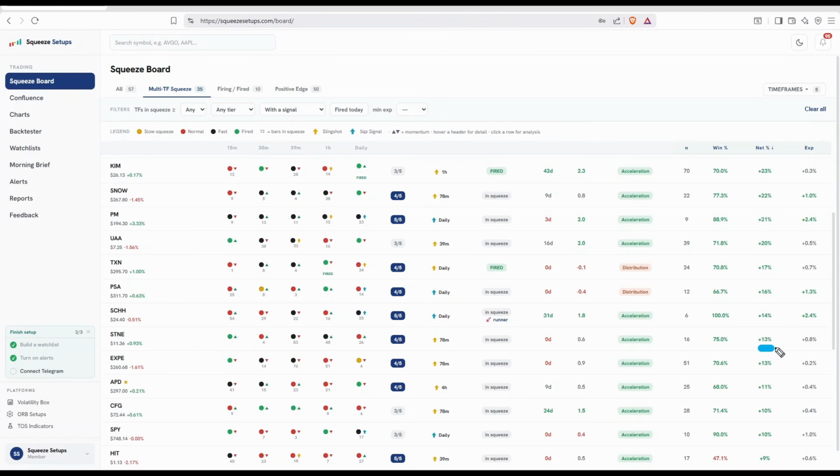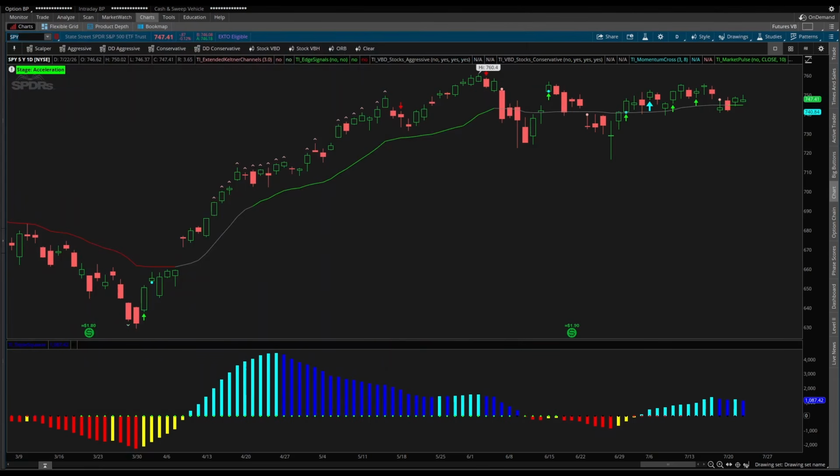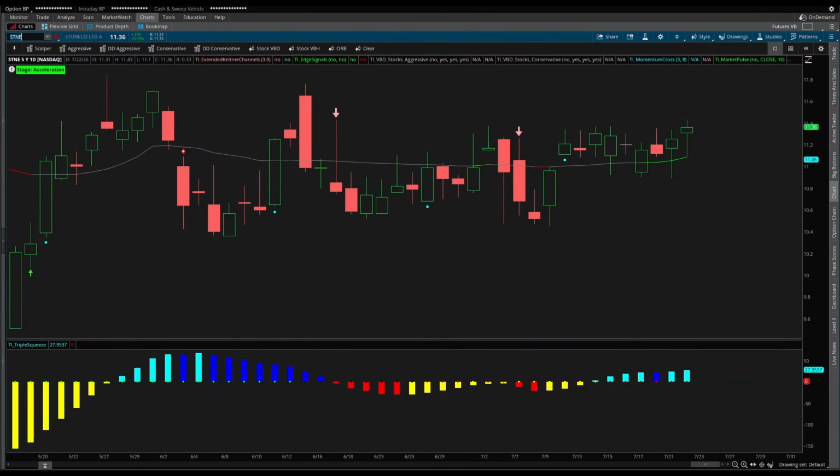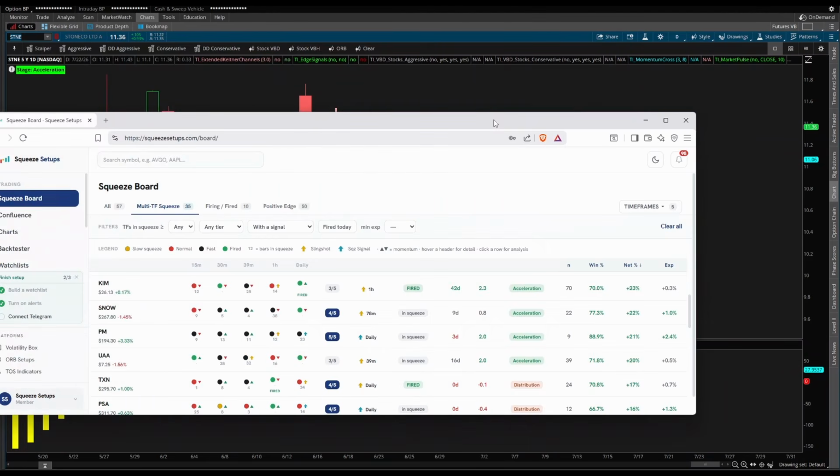Total strategy has a net ROI of positive 13% and a plus 0.8% per trade. Again, that per trade leaves a little bit to be desired, but if I was to come into a chart and show you what Stone looks like, you'll see that Stone, the market pulse has recently turned green, and I'd like to see if there's any strength here alongside the squeeze to see if we can fire long.